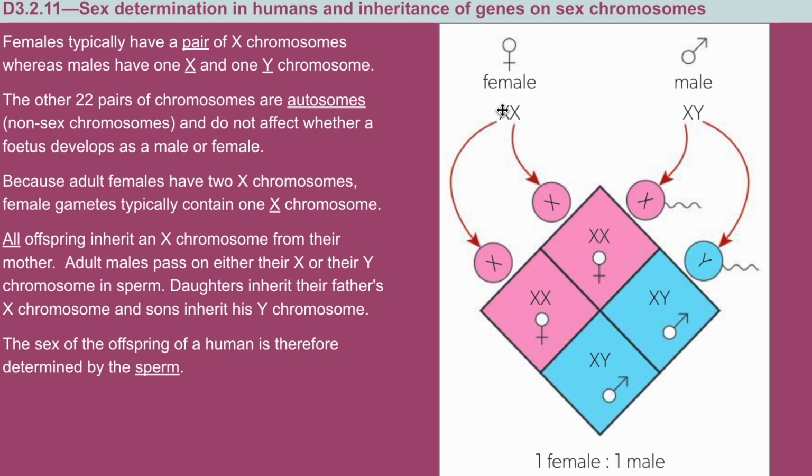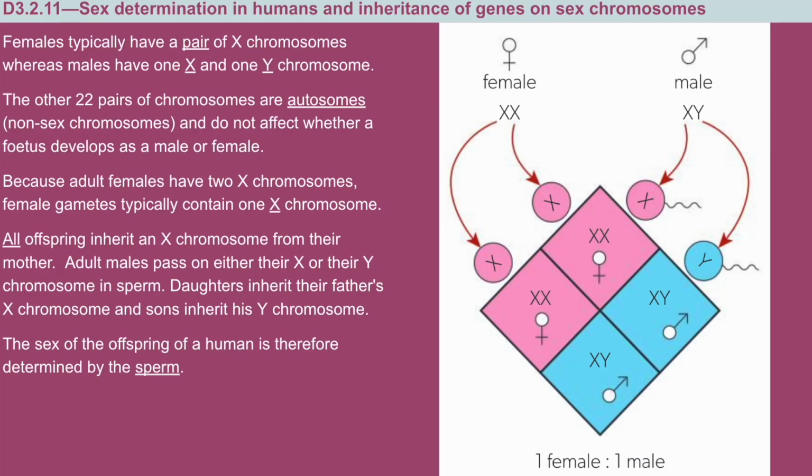A female is always going to give an X. A male is going to give an X sperm 50% of the time and a Y sperm 50% of the time. And so you can see when we cross those, 50% of the time the offspring will get an X from each parent, and 50% of the time they'll get an X from mom and a Y from dad, and therefore become male. Therefore, it turns out the father 100% of the time is who determines the sex of the offspring. It is always determined by the sperm.